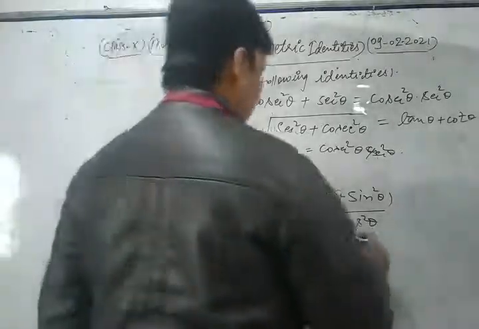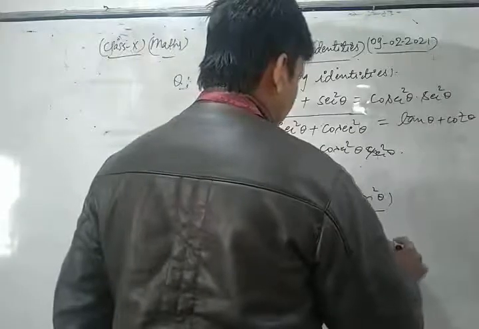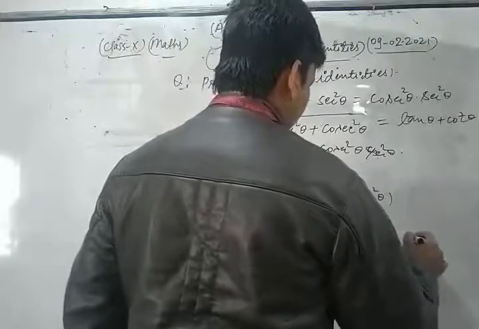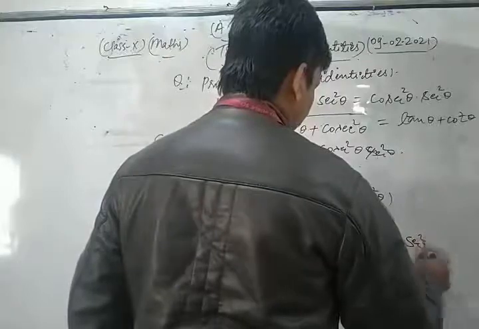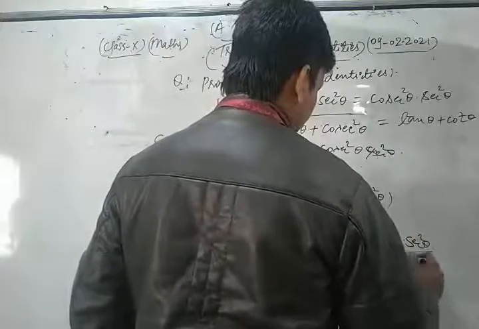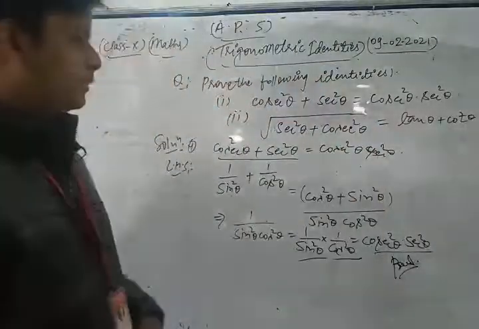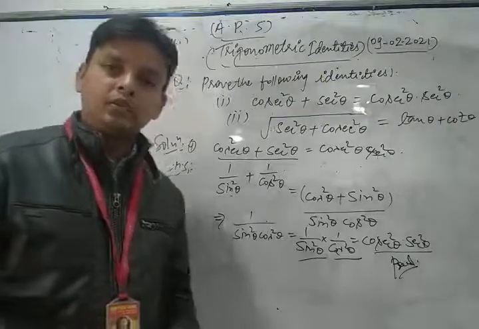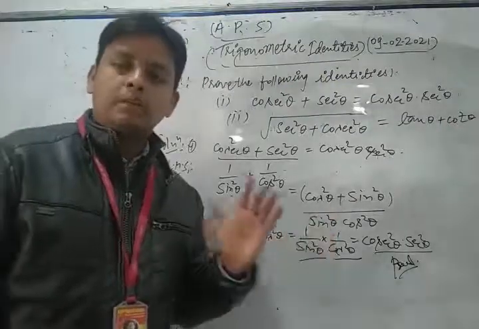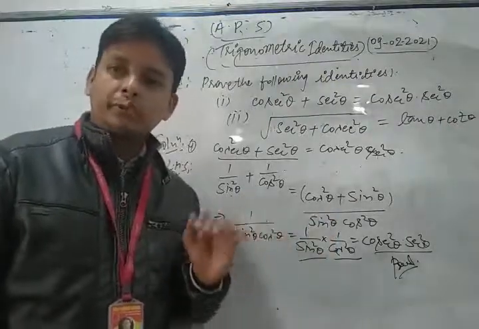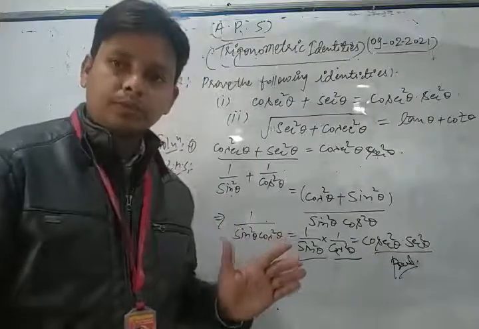So we have cosec square theta into sec square theta. Hence proved. Dear students, this is a very important question, so please do more and more practice of this type of question.